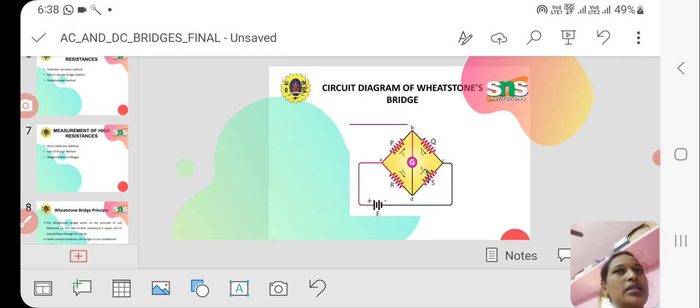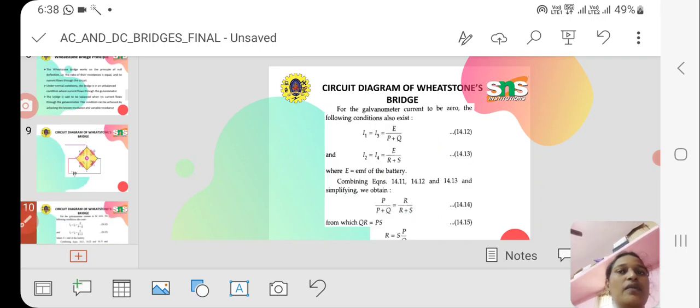In the unbalanced condition of the bridge, when the current flows, it causes the pointer of the galvanometer to get deflected. Thus, the deflection is a function of sensitivity. A greater amount of deflection can be noticed for the same current in case of a more sensitive galvanometer. The total deflection D is given by D = S × I, where S is the sensitivity and I is the current in amps.